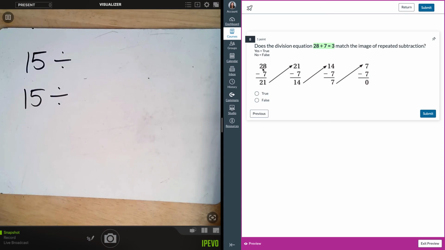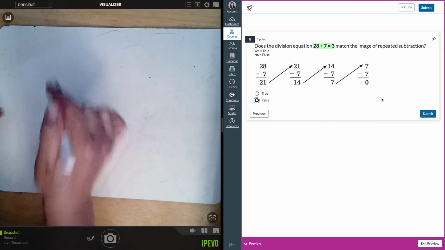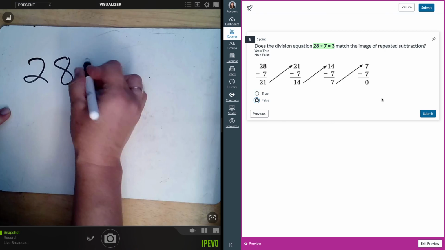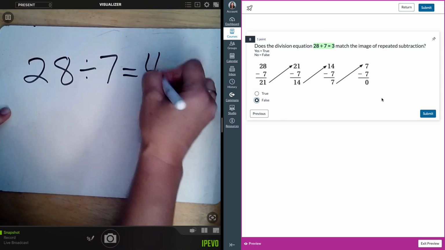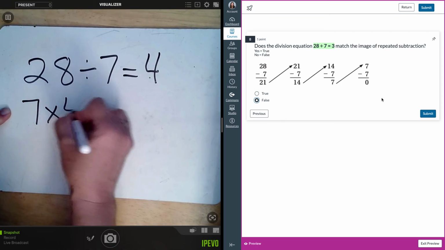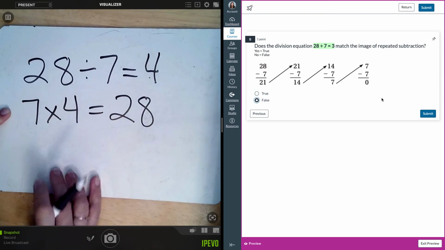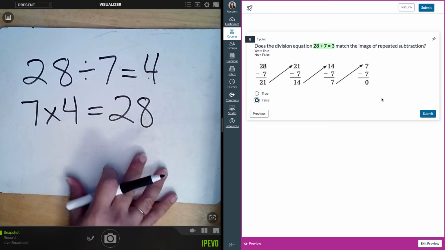This is showing 28 divided into chunks of 7 equals 1, 2, 3, 4. So it's showing 28 divided by 7 equals 4. That's what that is showing. So really 28 divided by 7 equals 4 because 7 times 4 equals 28. Right?